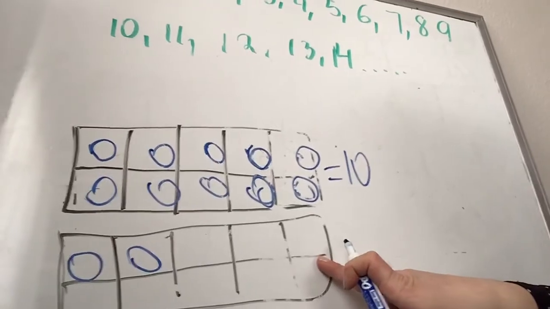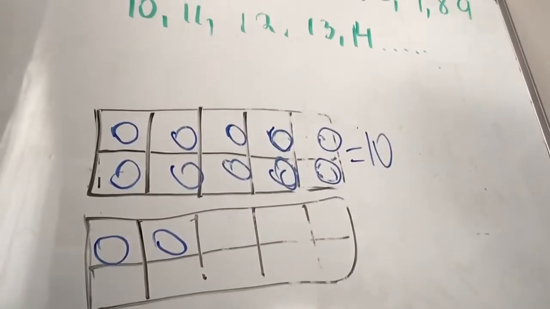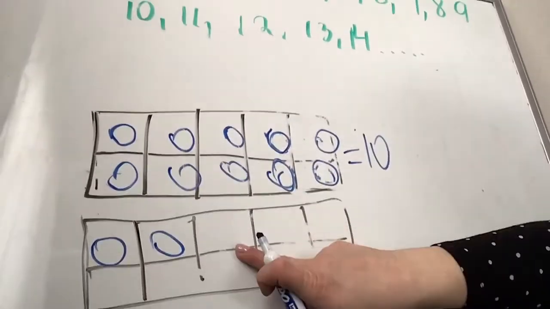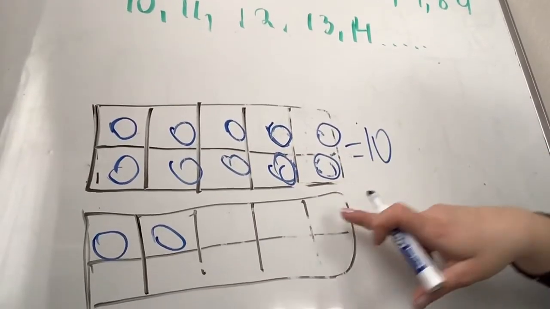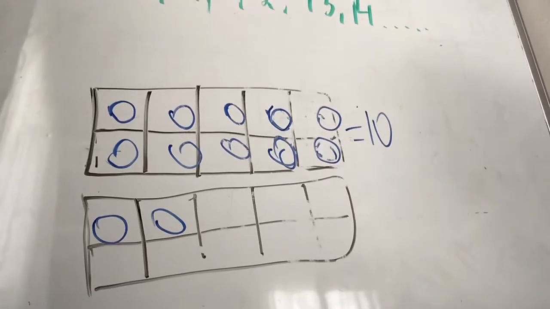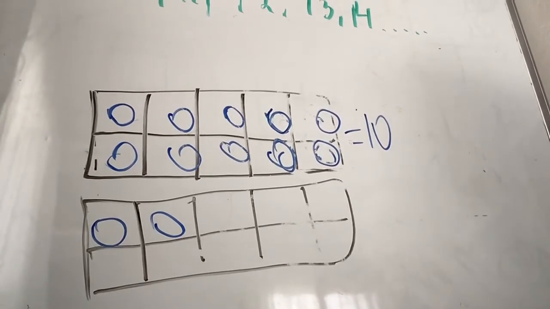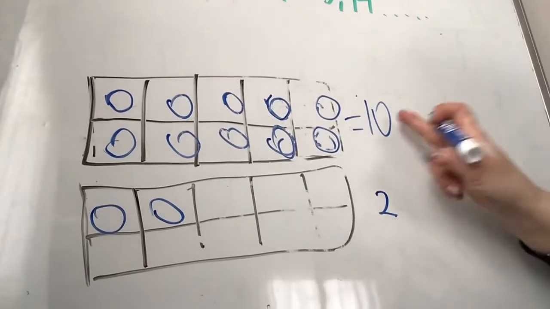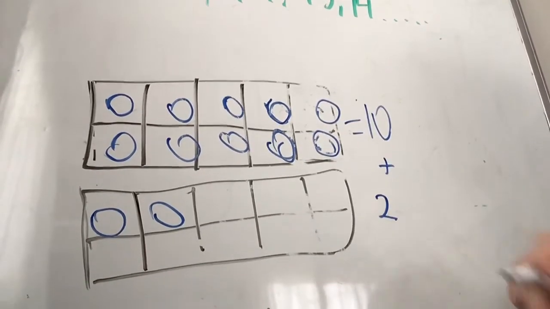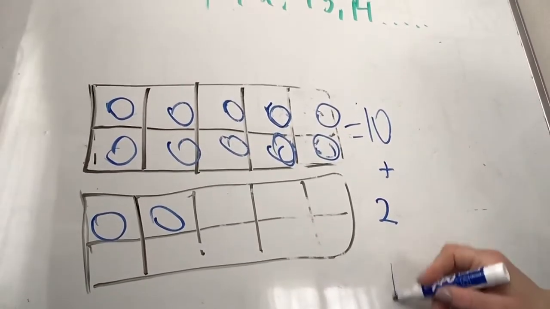If this is not filled, these are just ones. These are by themselves. These are lonely. This is a house full of kids and adults. This is the house that is lonely. Okay? So that's going to be only 2 by themselves. 10 plus 2 is going to be 12.